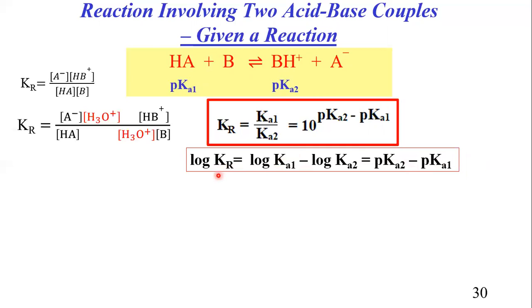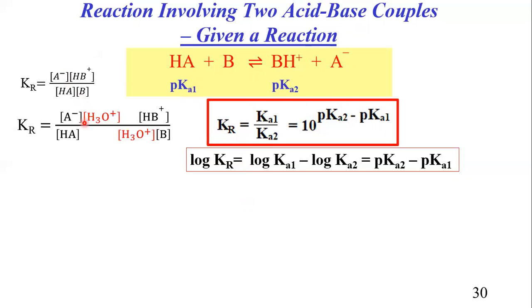Take the antilog of this, that means that Kr is 10 to the power pKa2 minus pKa1, which we consider as pKa of the product minus the pKa of the reactant, the change in pKa values, product minus reactant. And so 10 to the change in pKa is also equal to the Kr.